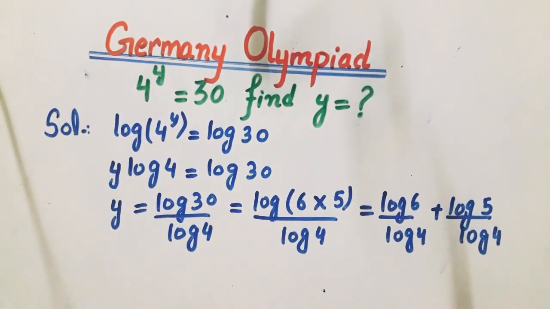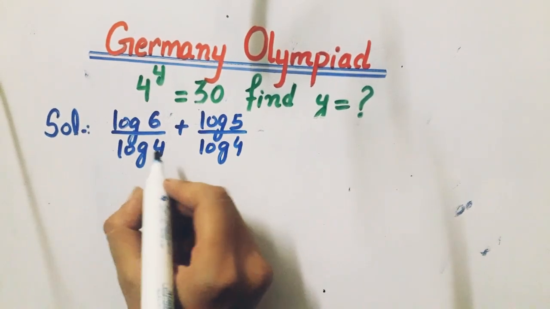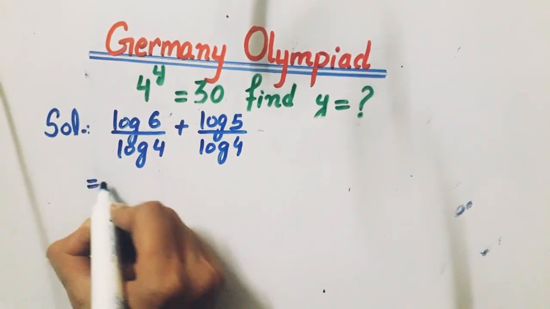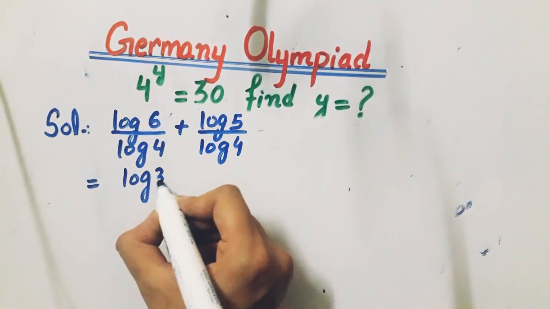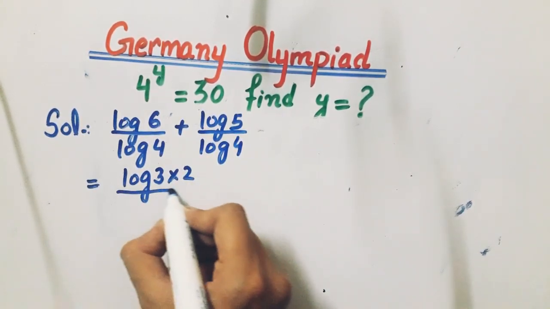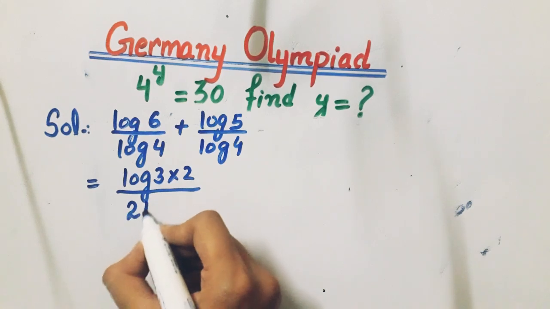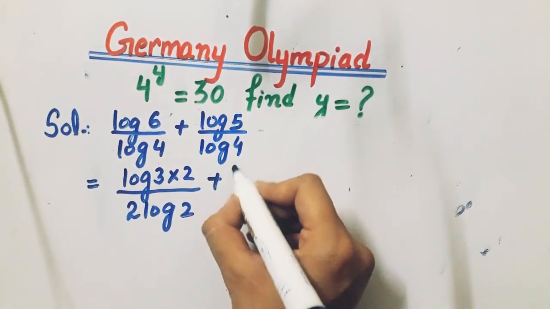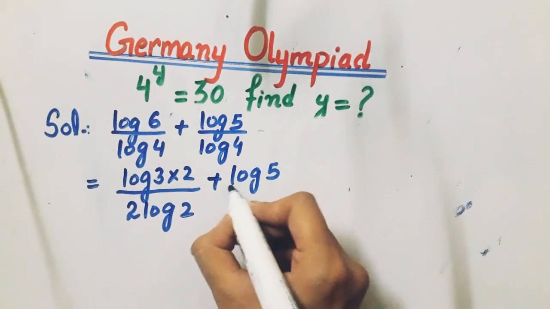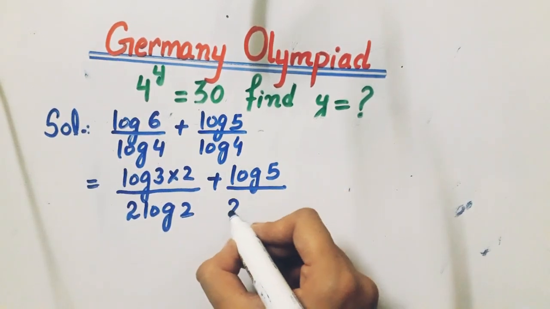Now we will write log 6 as log 3 multiplied by 2, and log 4 can be written as 2 log 2, plus log 5, and log 4 can be written as 2 log 2.